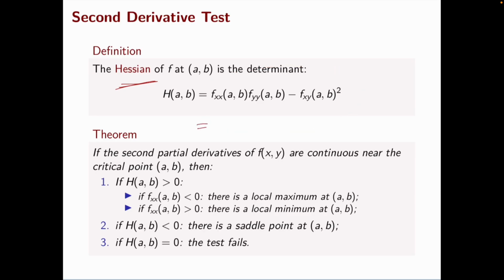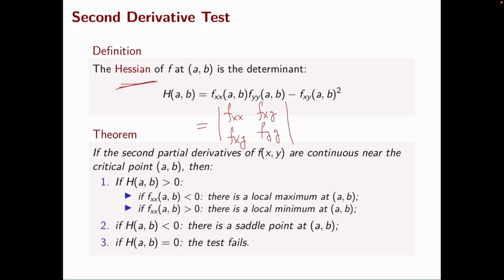Actually, the Hessian can be written as a determinant. To remember this formula, just put the second derivative with respect to x and with respect to y like this, and in the other two entries we put the mixed derivative, which is the same, right? So we put the same entry there.